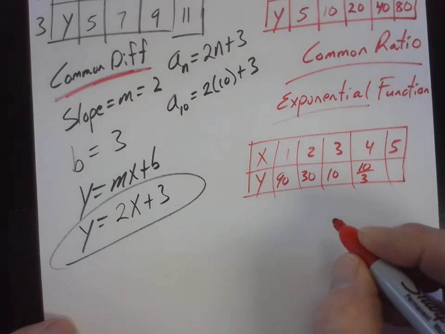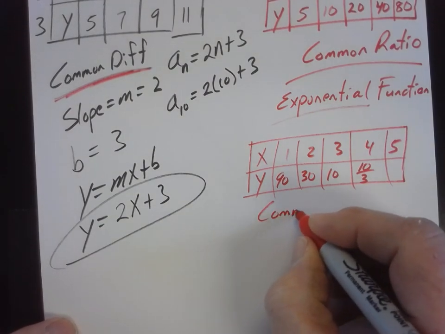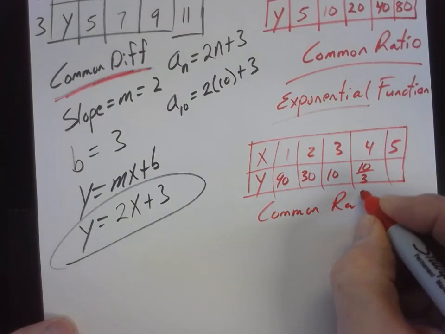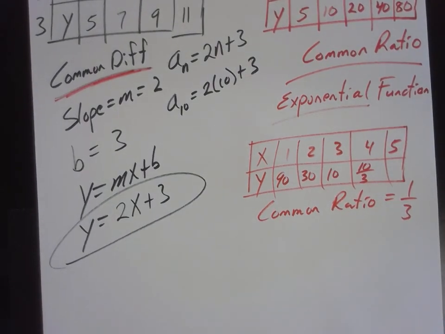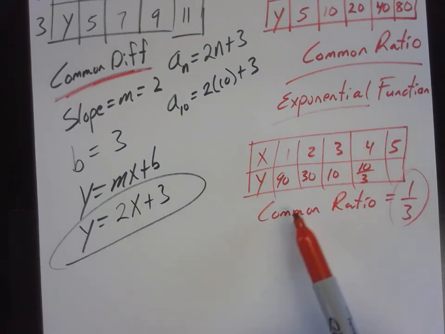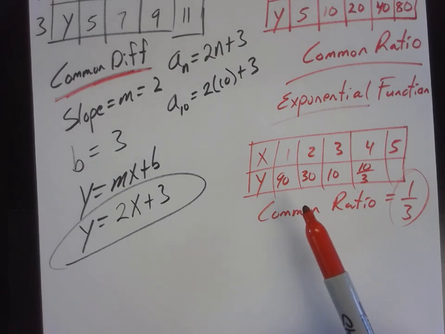Okay? So the common ratio here is 1/3. Okay? So we're not dividing by 3. Well, we are, right? But we are multiplying by a third. And this is the number that we need in order to write the equation. Okay? So it's still a common ratio. We're still timesing by something each time, right?